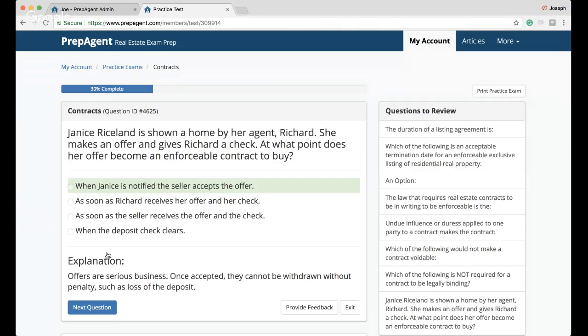Okay, so we're going to review something real quick, and this is an important concept. First, before I review that, little question. What are the 4 essentials of a valid contract? I'd like everybody to try and write that as fast as you can. Please write the 4 essentials in the chat window.